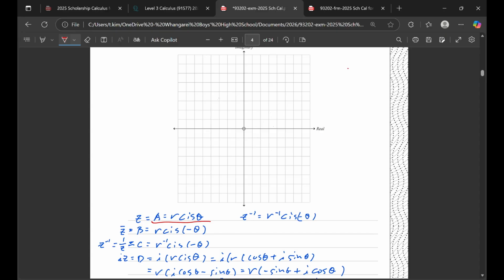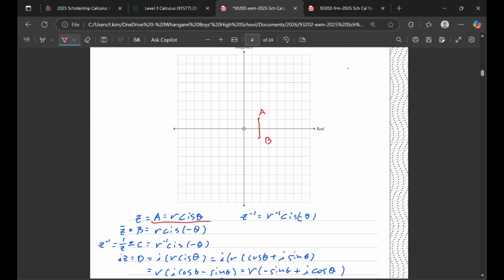Square root of 3 plus i, which is, square root of 3 is like 1.7-ish, right? And then i, so A is there, right? And then B is right there, right? So I can put a line there.